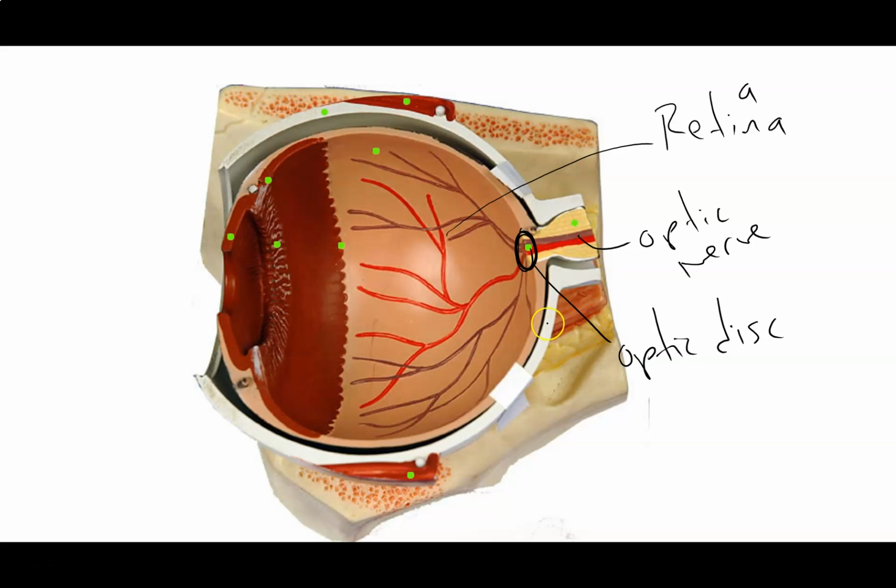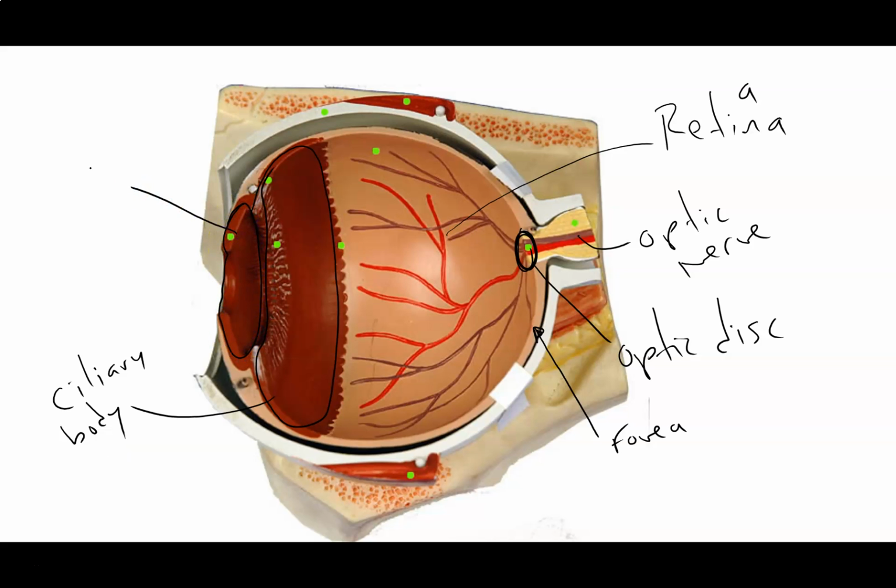It's hard to see, but I'm going to point to it. Right there is where the fovea is on the model. If we look anteriorly, this dark area here is the ciliary body. And this extension off of it is the iris.